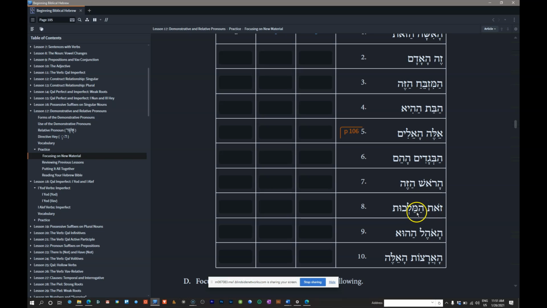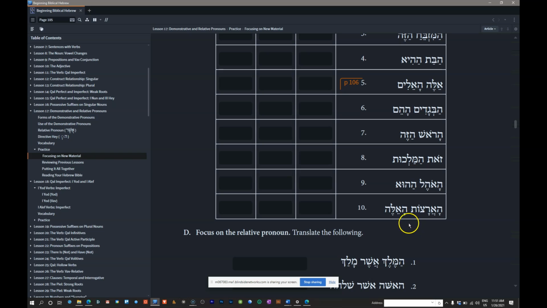This is the kingdom. Here we've got hahu. Hu is always going to be masculine singular. It's a far demonstrative, but it has the article and it comes after its noun, so it's attributive. This tent. The tent, this one, this tent.